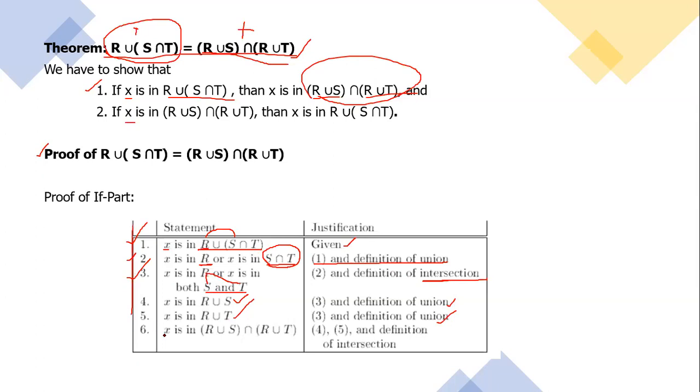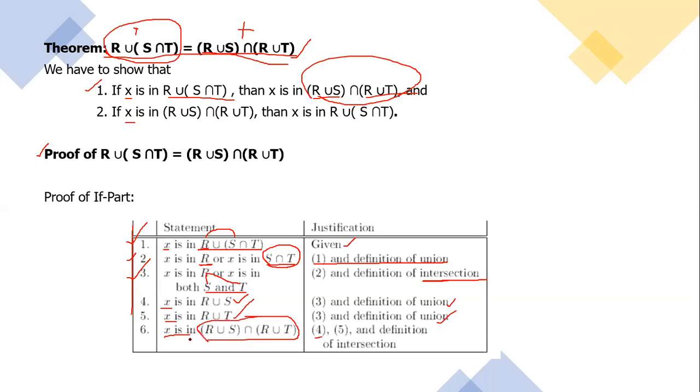Okay, the 5 points are discussed. Now I can conclude from points 4, 5 and the definition of intersection. Here I have stated that X in R union S, and here I have stated that X in R union T. So I can say X in R union S intersection R union T. So my right hand side is proved.